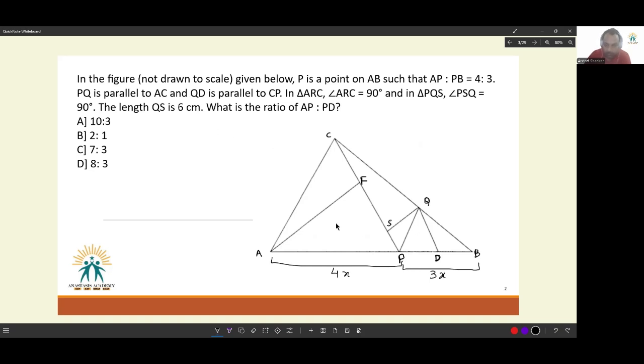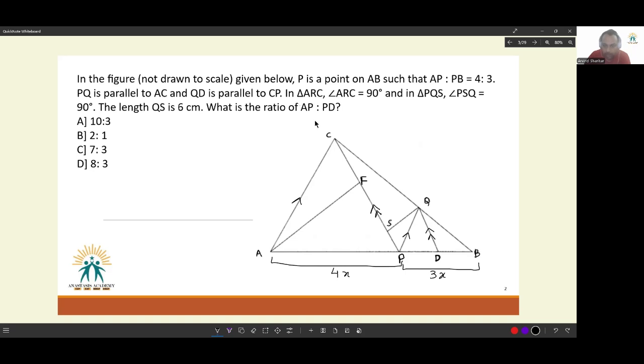PQ is parallel to AC. This line is parallel to this line. And QD is parallel to CP.